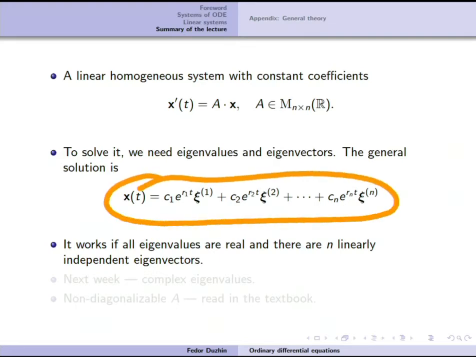First, it may happen that some of the eigenvectors and eigenvalues are complex. Then this is still going to be a valid formula, only it's going to produce complex valued solutions. How to convert complex valued solutions to real valued solutions, we're going to learn later.